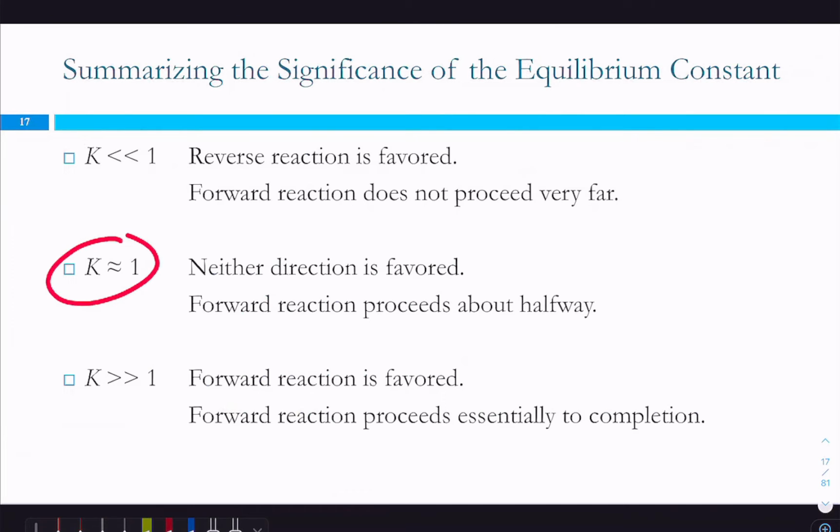If it's about equal to 1, probably in the range of 0.5 to 2 or 3, neither direction is favored, and you're going to have pretty much equal concentrations. If K is much larger than 1, then the forward reaction is favored and proceeds essentially to completion, using up all of the reactants.